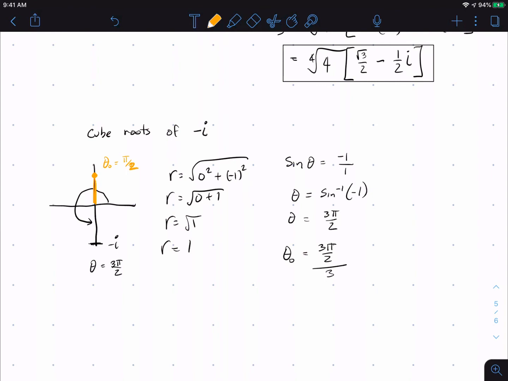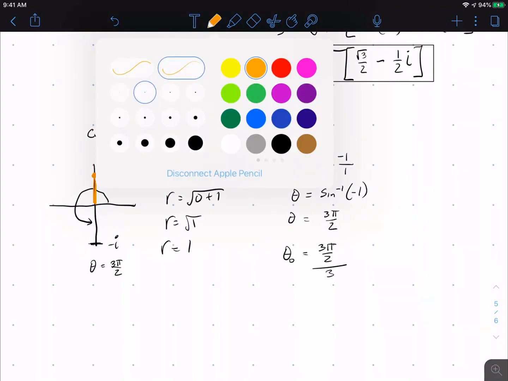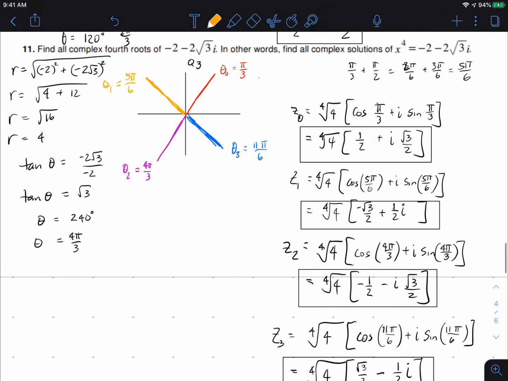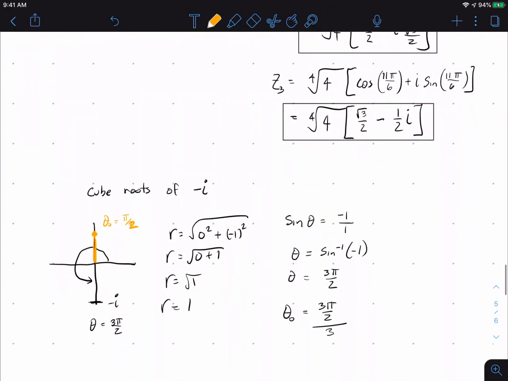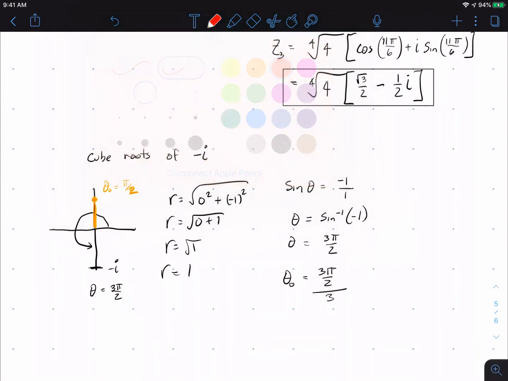Okay? So then 2 pi over 3, my next angle. What did I use? I want to be consistent with the colors. Oh, my theta naught was red. Sorry. So this is my initial, red.